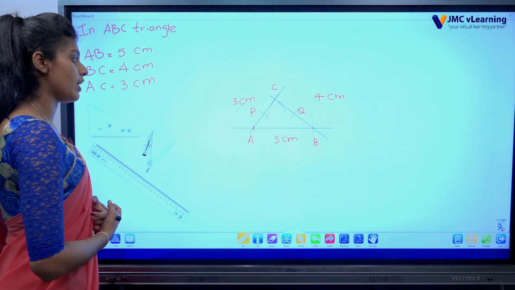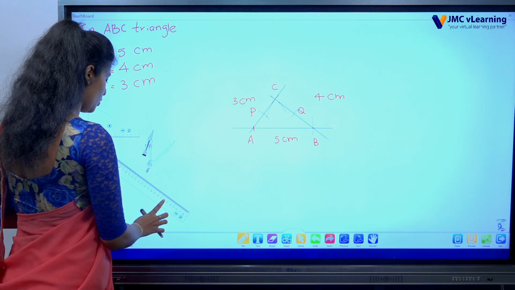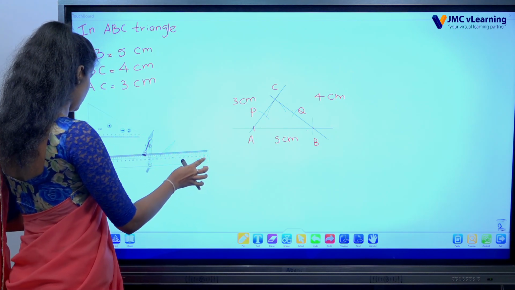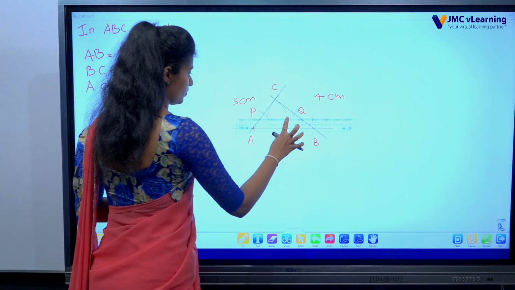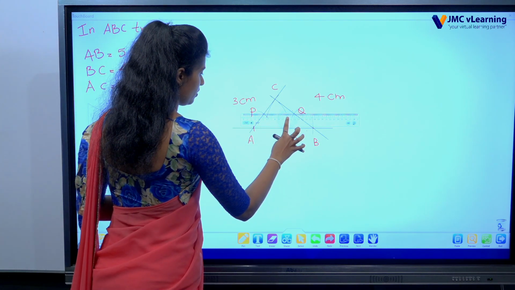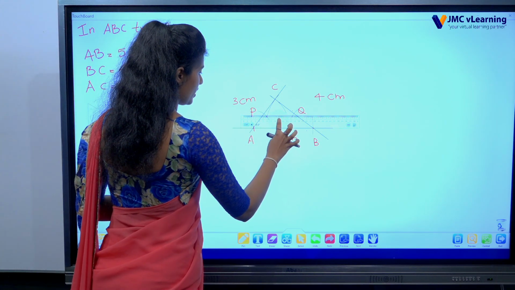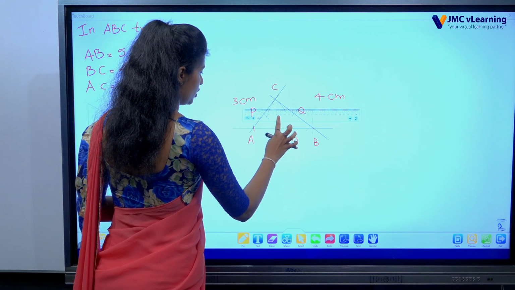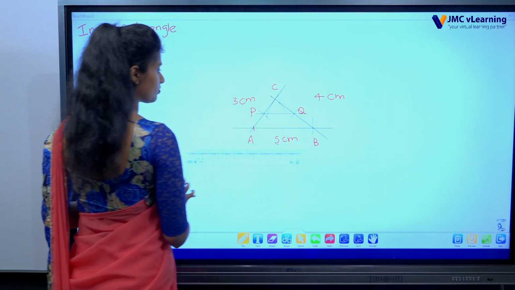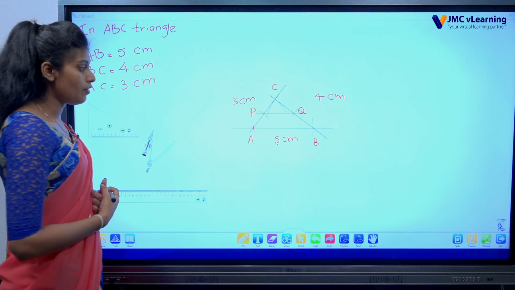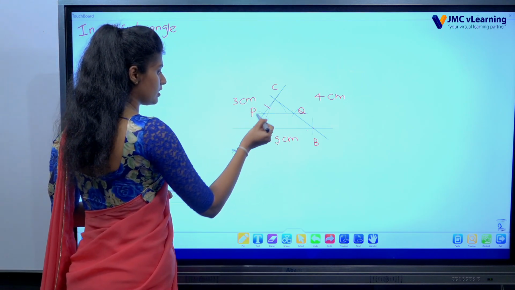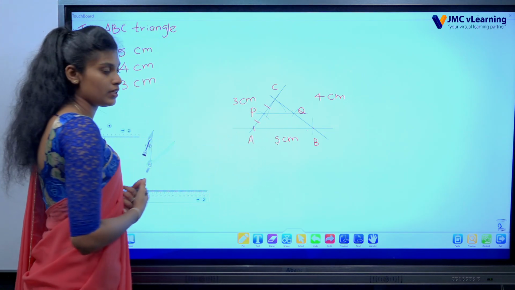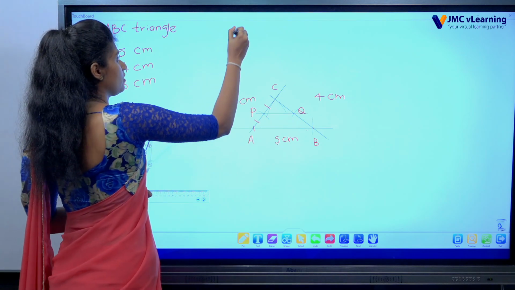Let's match that P and Q. Using the ruler, we can match that PQ. Okay. Now you know here PC and AP is equal to each other.